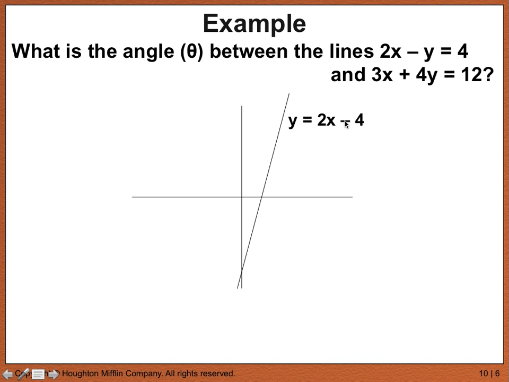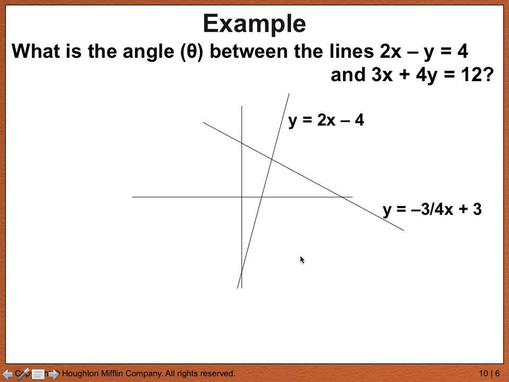Y equals 2x minus 4 is the same as 2x minus y equals 4. Algebraically, it's the same. And drawing our other line, which is negative 3/4 x plus 3, this is in slope-intercept form, and negative 3/4 x plus 3 is algebraically the same as 3x plus 4y equals 12.